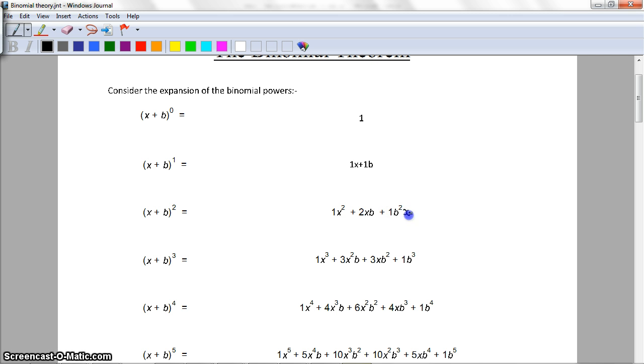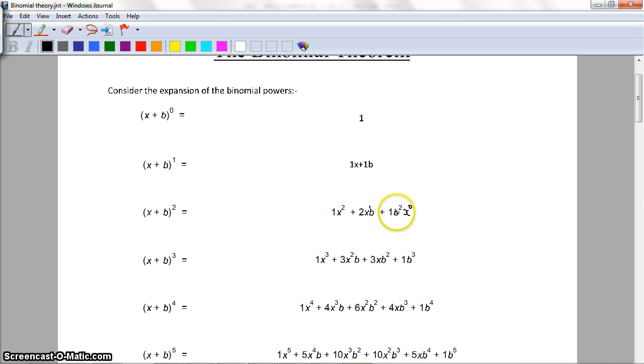Let me just write x to the power of 0 there. So this one goes from x to the power of 2, x to the power of 1, x to the power of 0. This one goes x to the power of 3, 2, 1, 0. So they descend from the highest power, which is 3, to the lowest power, which is 0.